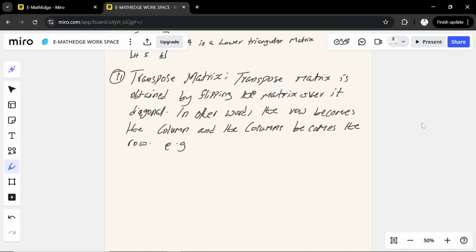Now let's look at an example. Let's say we have a 2 by 3 matrix A, B, C, D, E, and F, right? Let's say this is matrix A. Now, based on the definition, transpose matrix is obtained by flipping the matrix over its diagonal. In other words, the row becomes the column while the columns become the row.